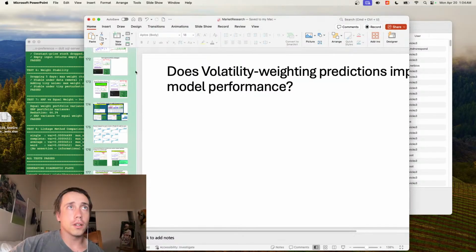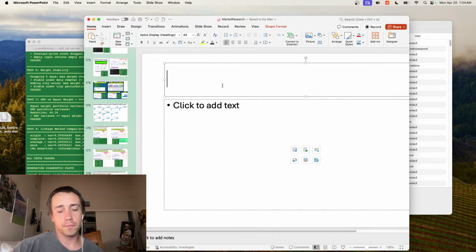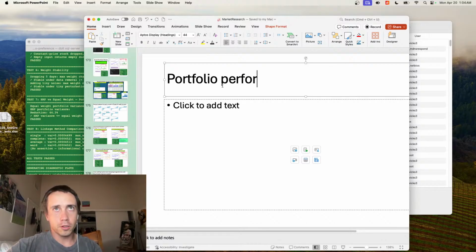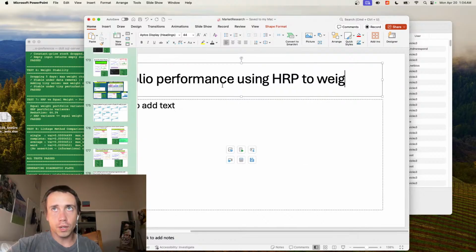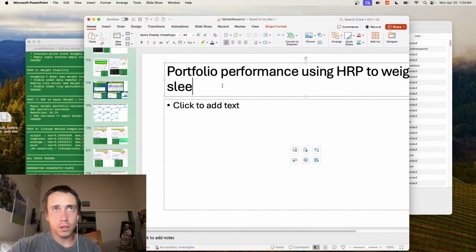So let's add a slide here: Portfolio performance using HRP to weight the selected longs and shorts.